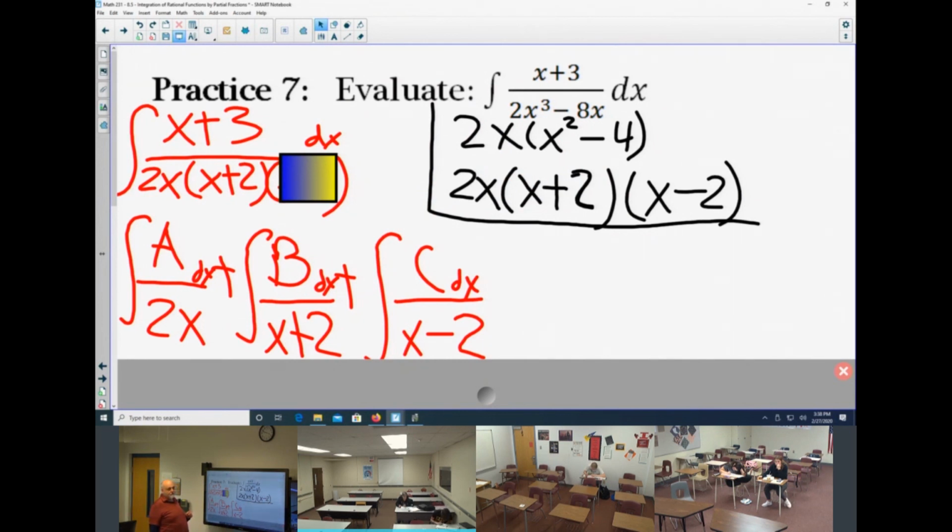How would you figure out A? I don't know what number to plug in. Okay, so this is like 2x minus 0, so you plug in 0 to find A. To find B, you plug in negative 2, and to find C, you plug in positive 2.